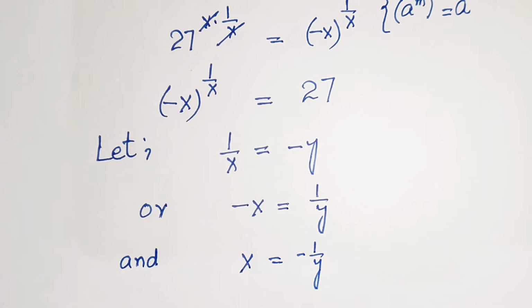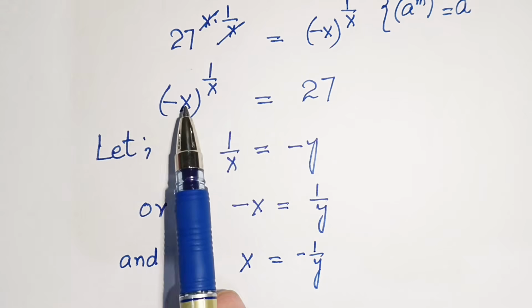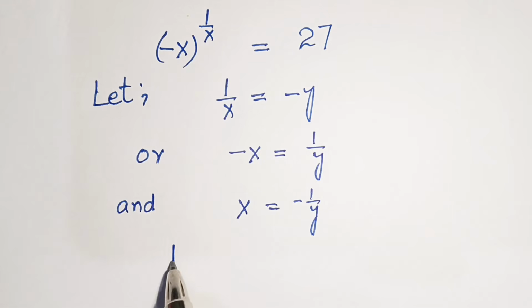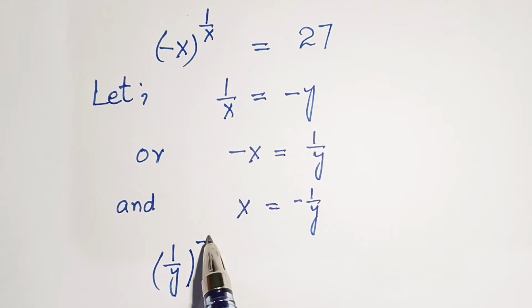Here we have just supposed that. Now applying these values by substitution, we get minus x is equal to 1 over y, so it will be 1 over y whole to the power 1 over x, which is minus y, so we write minus y, that is equal to 27.